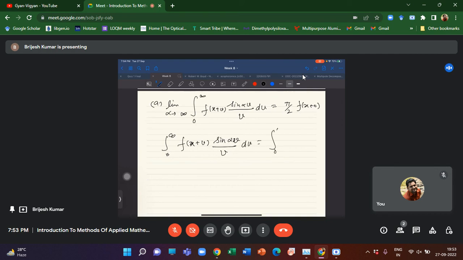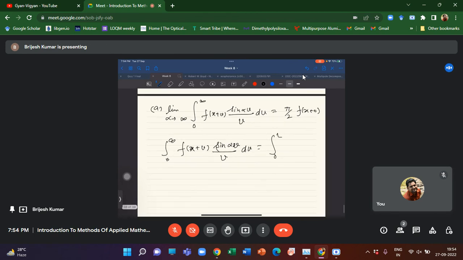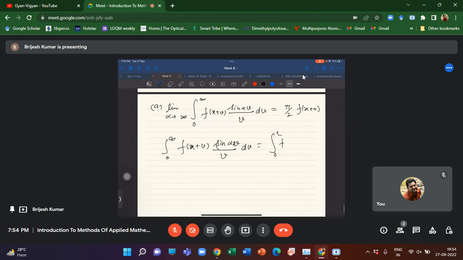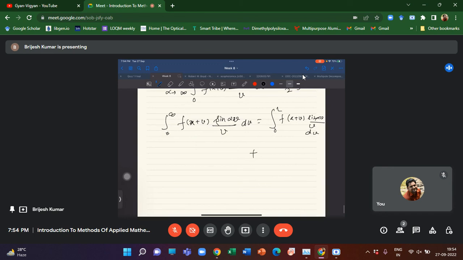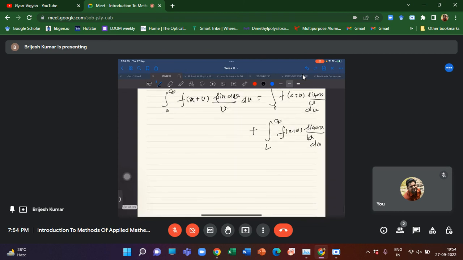We split it at L: from 0 to L of f(x plus v) sin alpha v over v dv, and again we can write plus the integration from L to infinity of f(x plus v) sin alpha v over v dv. Okay, so this is one equation.